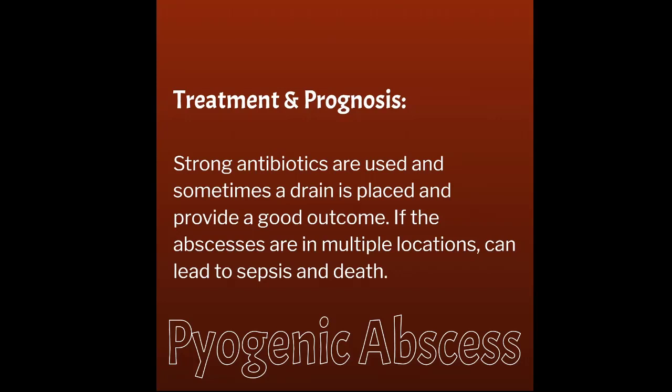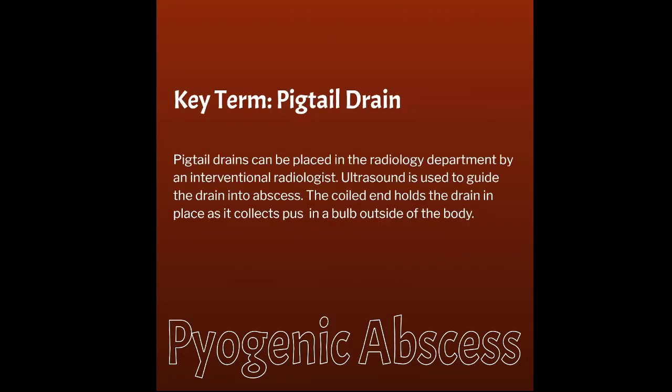They might also decide to do surgery for these patients, in which they place a drain directly into the abscess. So they try to get all that gunk out of it, and so it doesn't sit in the body, it actually leaves the body through a drain. As I had mentioned before, if it gets into the bloodstream, it can be poor outcome due to sepsis.